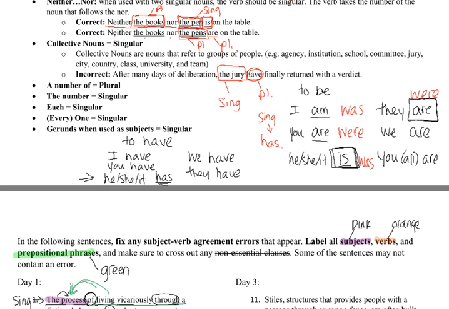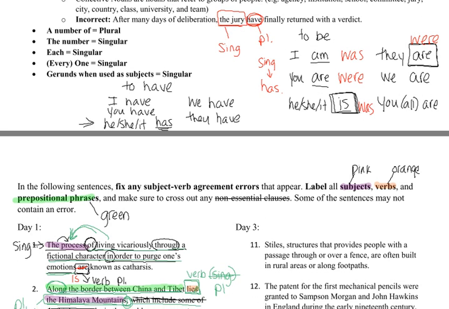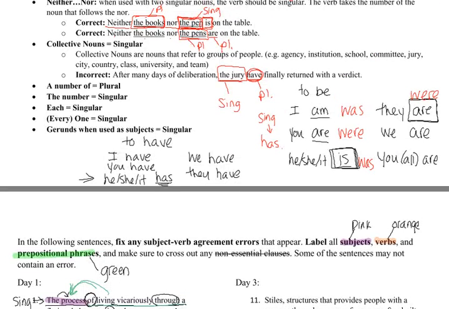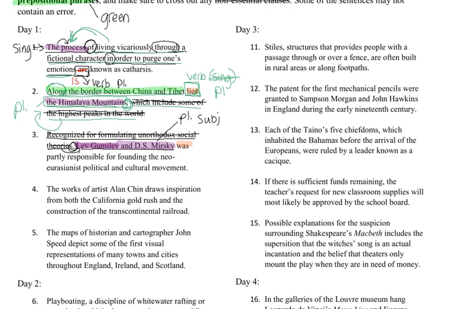We were, you all were. So if we have that plural subject, we have was, which if we check was is singular for the he, she, it, and for the I. So we actually need the plural form of to be. We need, instead of was, we need were. So Lev Gumilev and D.S. Mirsky were partly responsible for founding the Neo-Eurasianist political and cultural movement.